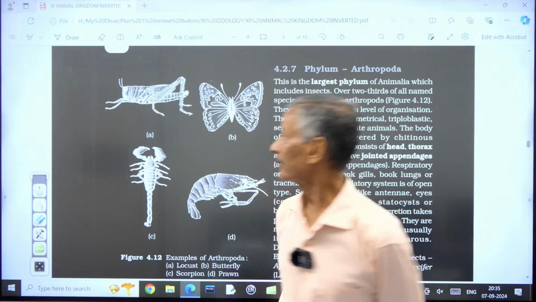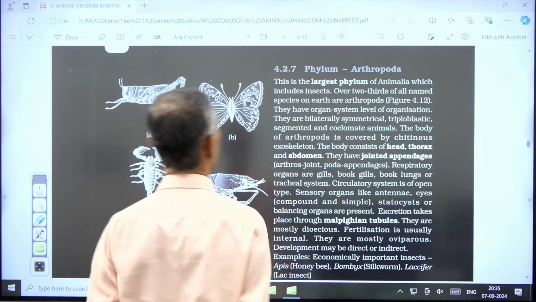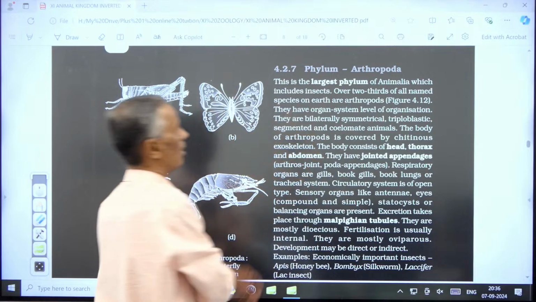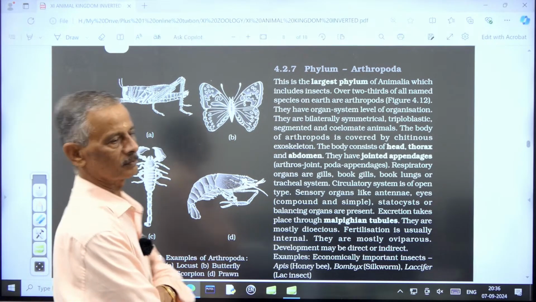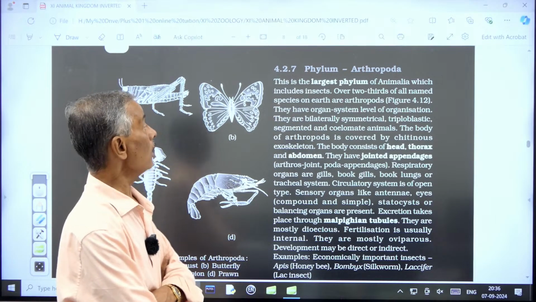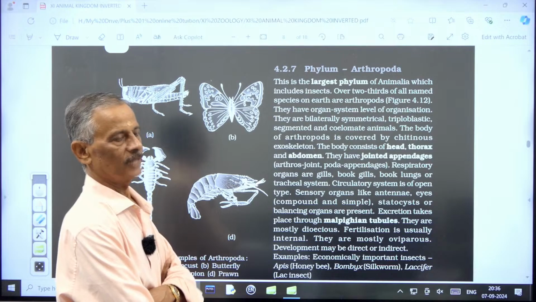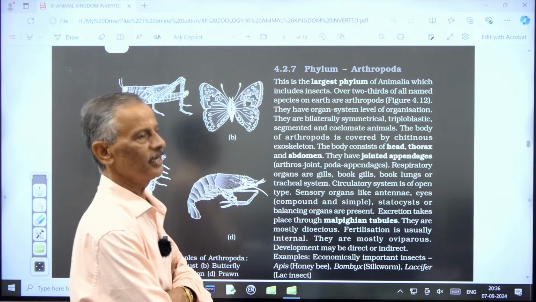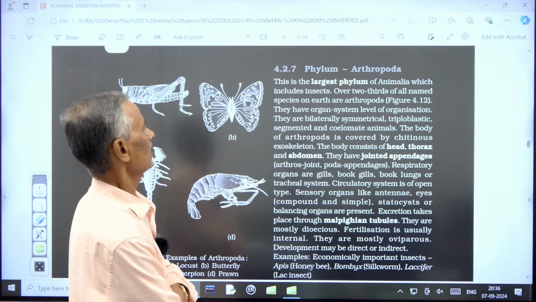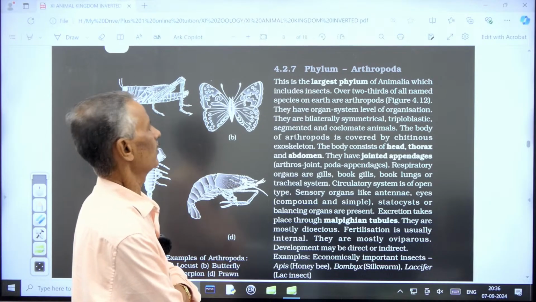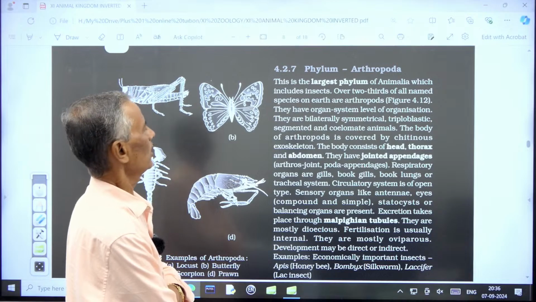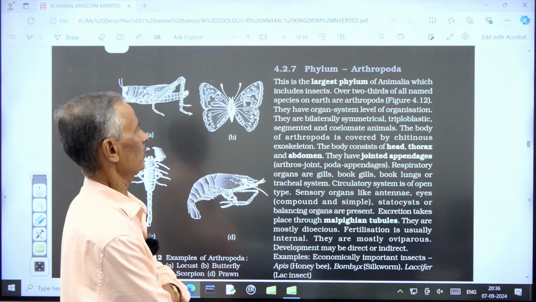Over 2/3 of all named species on earth are arthropods. That is studied species, which we have studied, classified and given names. Largest one, containing over 9 lakhs.